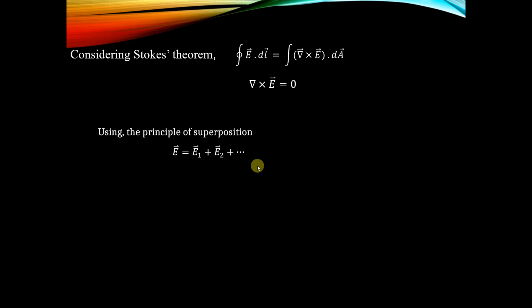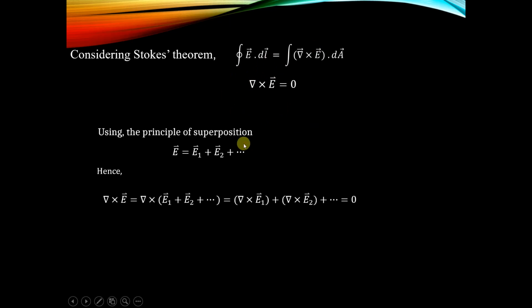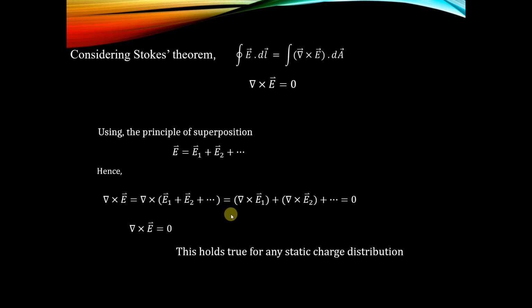So if we apply the principle of superposition to this expression, we get del cross E1 plus E2 plus etc., or del cross E1 plus del cross E2, everything adds up to 0. So this proves that the curl of electric field for static charges is 0, or the electric field is conservative for static charge distribution.